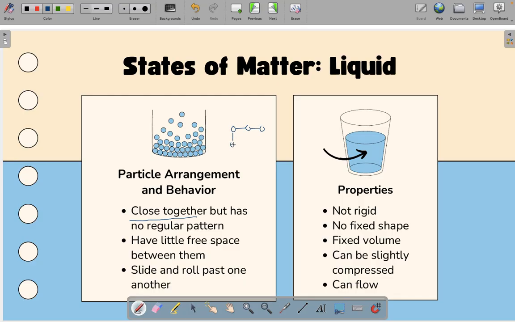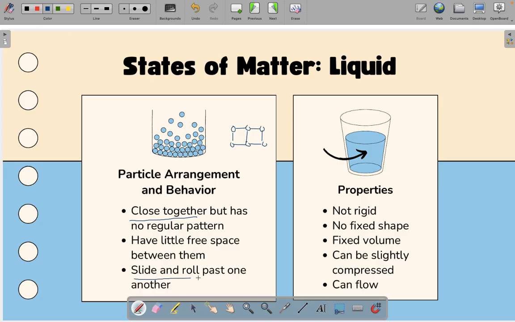In case of liquid, there is no regular pattern, so the particles can flow very easily. Then they have very little free space between them. Solids had almost negligible space, but liquids have slight free space between them. Okay, so that is why they do have a fixed volume.